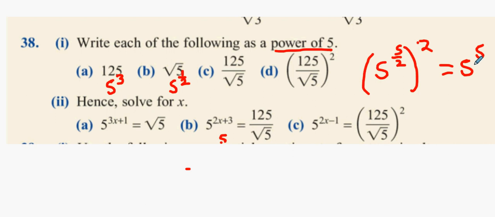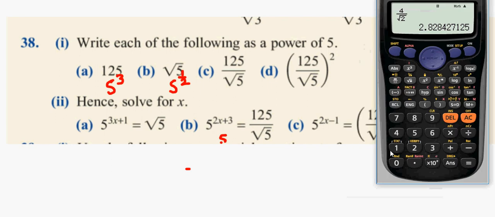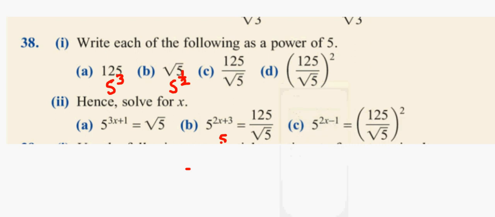Will everybody stick with me for a second? I think there's a cheaper way of doing C and D. Look what happens when I do this in the calculator. See 125 over root 5? Everybody looking? What's the answer? 25 root 5. C is 25 root 5.